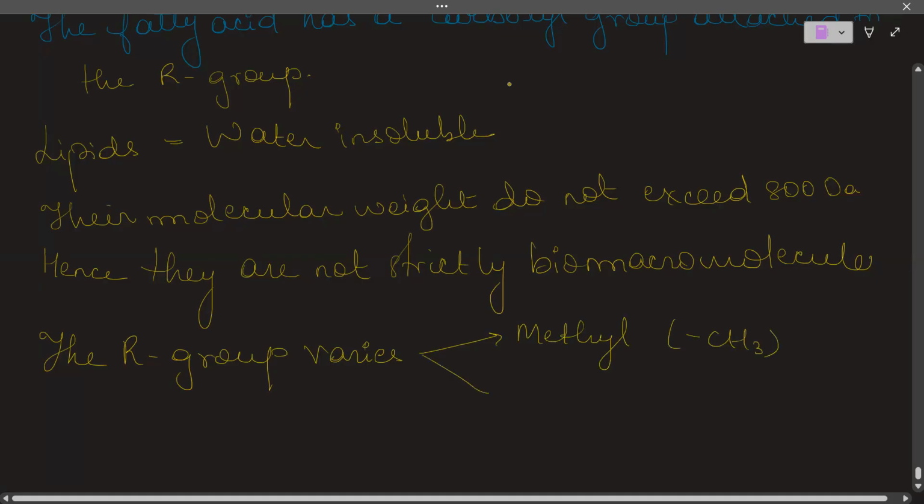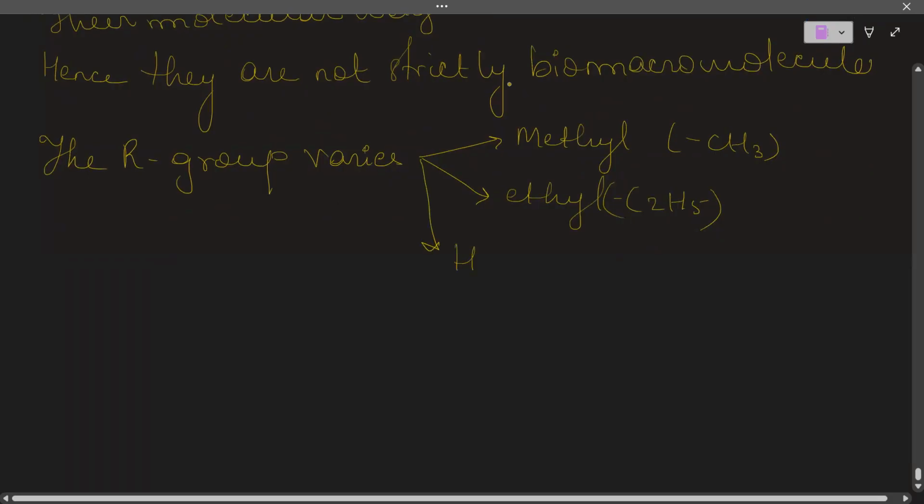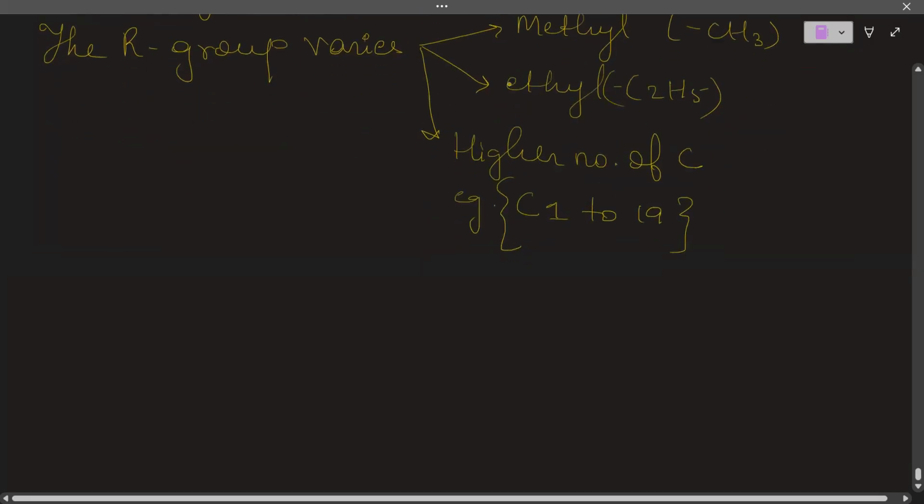Or it can go up to ethyl also, meaning it will have two carbons, C2H5. And it can even have a higher number of carbons, for example, carbon 1 up till carbon 90. That is how the number of molecules will be present in the R group.